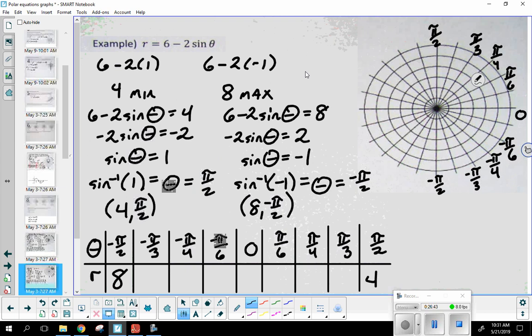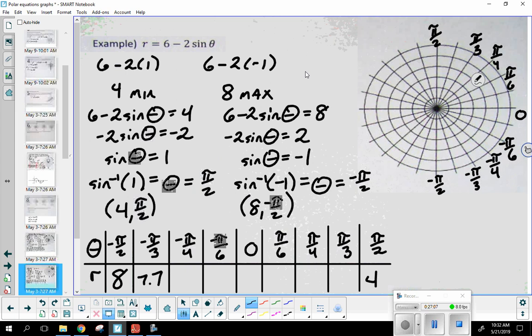Erica, can you help me out with that one? If I were to plug negative pi over 3 into here, what is pi over 3 in degrees? Negative 60. So I could say 6 minus 2 sine of negative 60. 7.7. Perfect. Okay, now negative pi over 4.